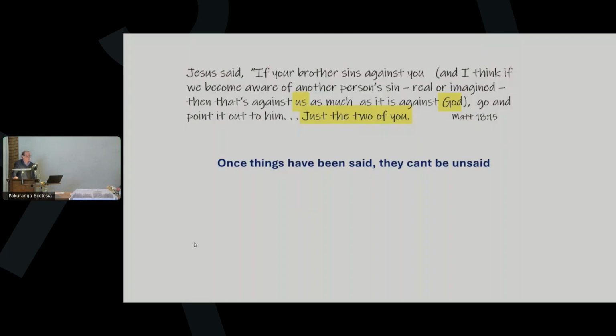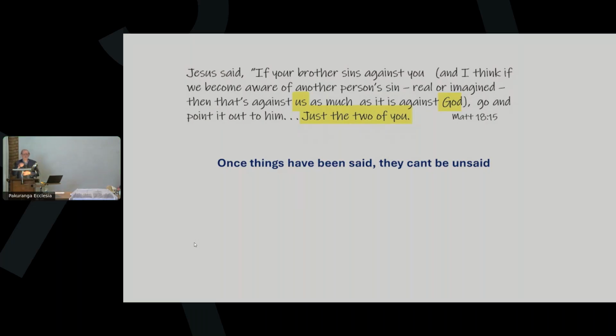Jesus said, if your brother sins against you, and I think if we see somebody that's done something that we think is wrong, a sin, it mightn't affect us, it might be something that they've done out there. It's as much against us as it is against God, I think, because it affects us and it affects our unity and our fellowship.